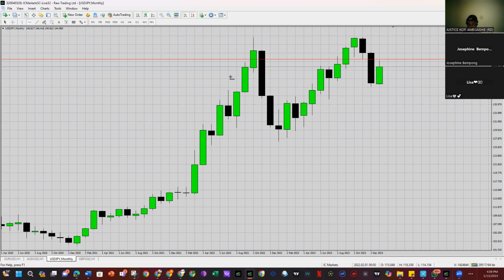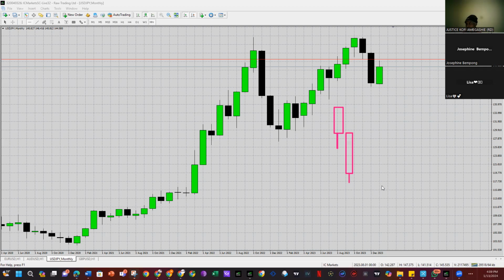Okay. So let me use this one. It's like this. And then there is a tail like this, right? So the next candle that came opened here and left the tail like this.